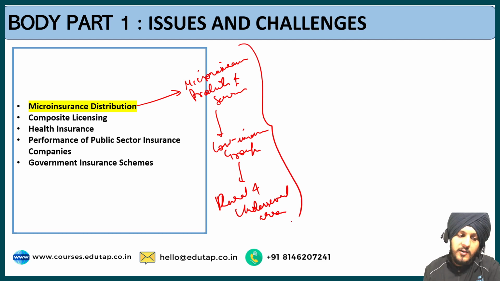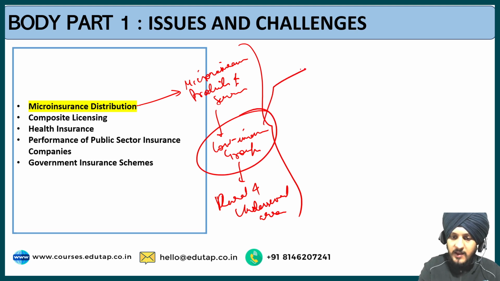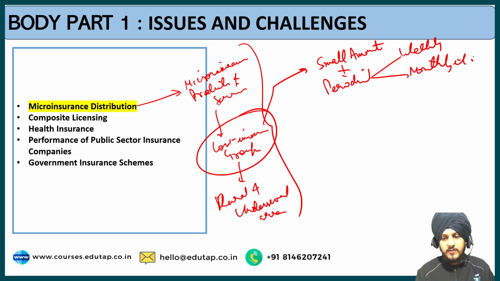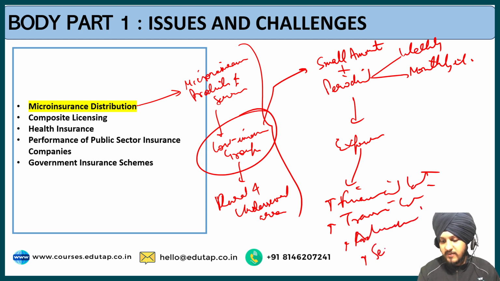Now the thing about micro insurance distribution is that these low income groups pay insurance in small amounts and also on a periodical basis, such as weekly, monthly, etc. The challenge that arises because of this is that it becomes challenging for insurance companies to cover the cost of these small insurance payments because of expenses such as financial cost, transaction cost, administration cost, servicing cost.